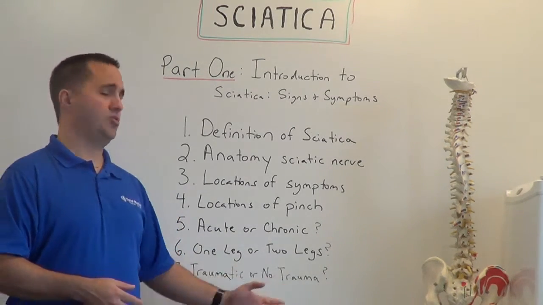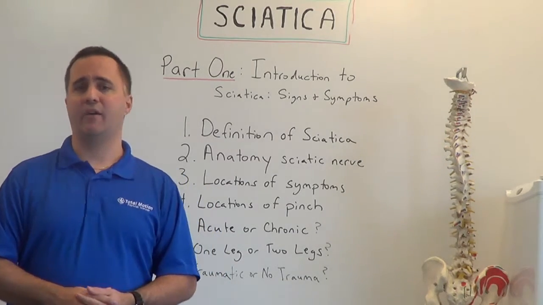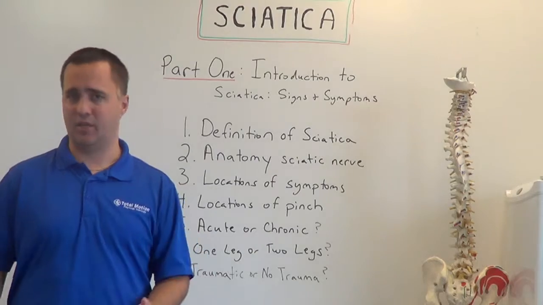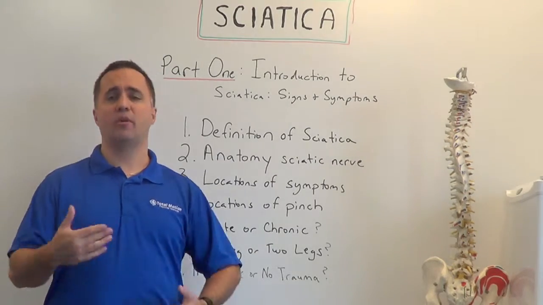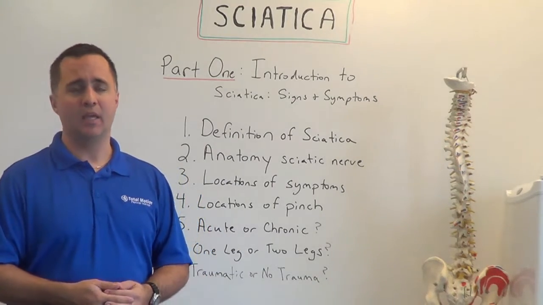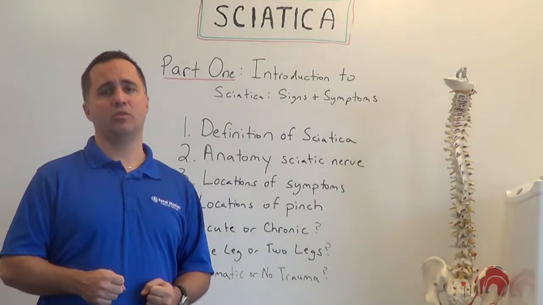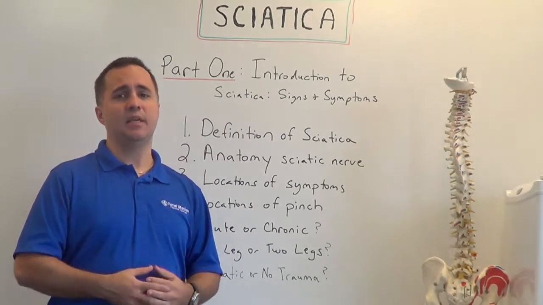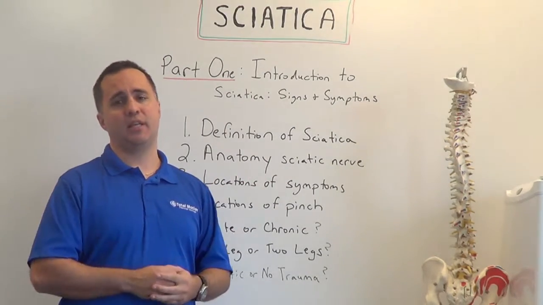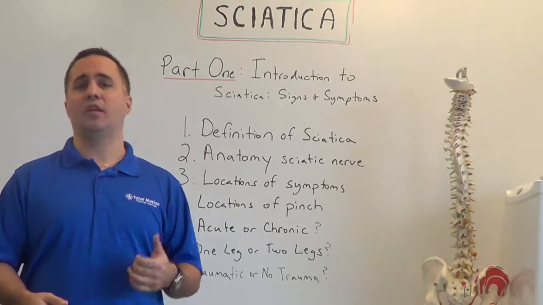And traumatic or no trauma? Most of the people who come into our clinic aren't going to be describing, hey, I fell down the stairs and all of a sudden these things started to happen. It's a conjoining of a lot of the things that have happened in my life over a period of time. The tightness in these muscles, or these changes in alignment of these bones, or these pulls on these discs in the local places that lead to the sciatic nerve we just talked about, could have even started as an injury in another place.